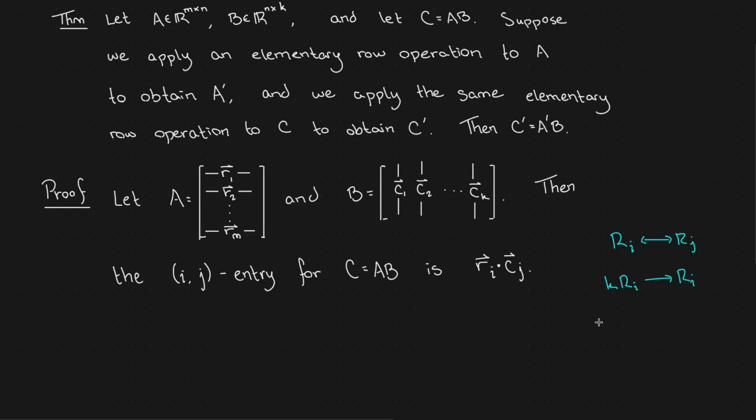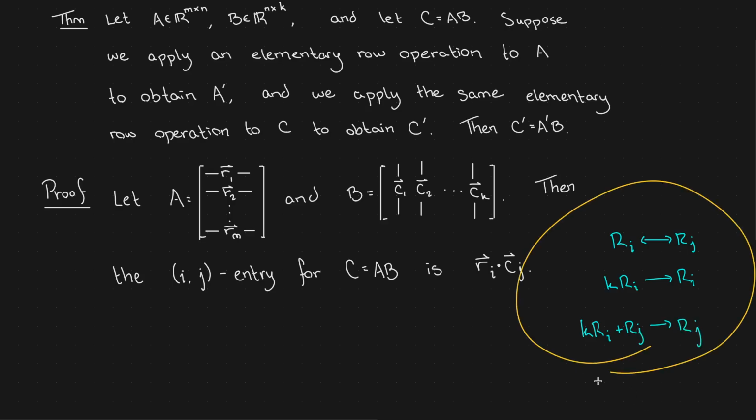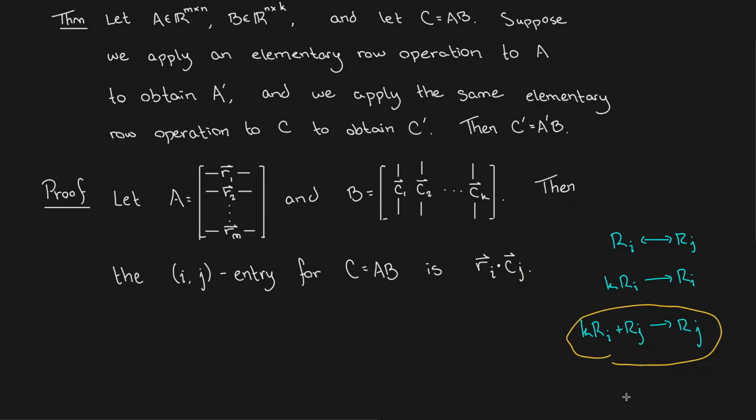And we could add a multiple of one row to another row. Now, I'm actually only going to prove one of these. We'll only look at this last one. The other two can be proved very similarly.